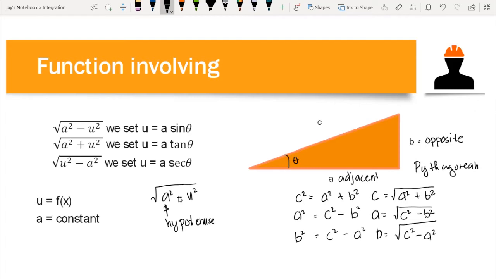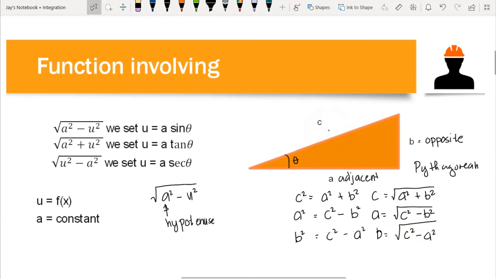It's because if we have a difference, or a minus sign between two terms, from our Pythagorean theorem, that is our C there, our hypotenuse, from our right triangle form.